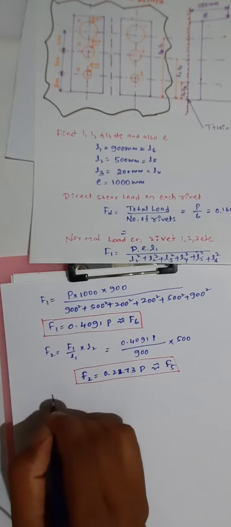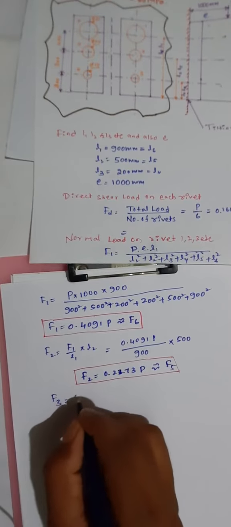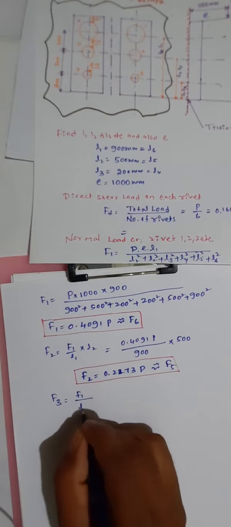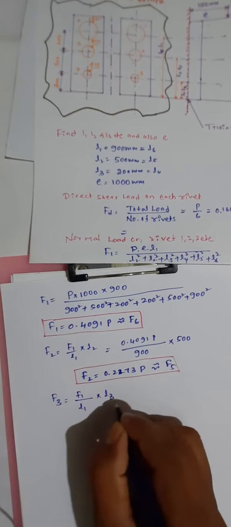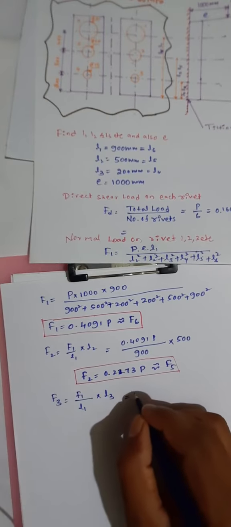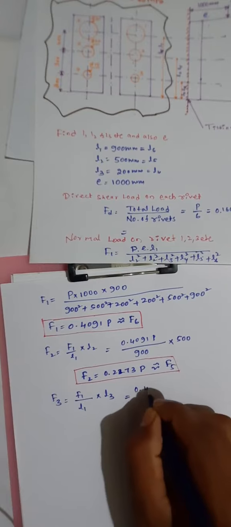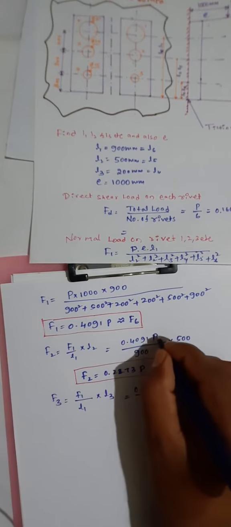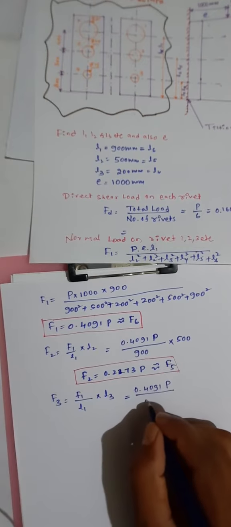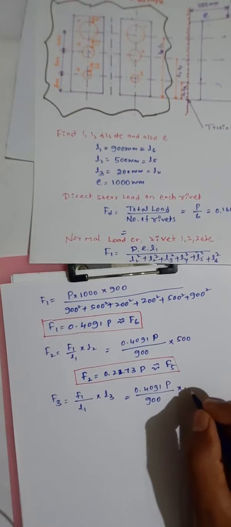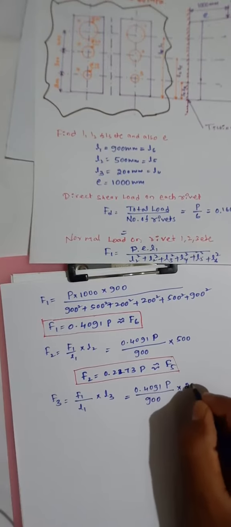Next, F3 is equal to F1 divided by L1 into L3. Substitute all the values into this equation. We know the value of F1, that is 0.4091 P divided by 900 into the value of L3. L3 is equal to 200.